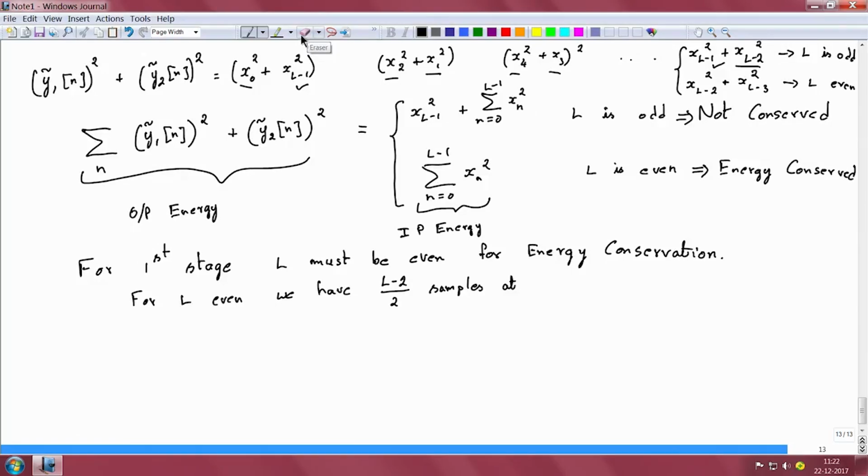Sorry, it is going to be L minus 2 divided by 2 plus 1 samples at output, equal to L by 2.